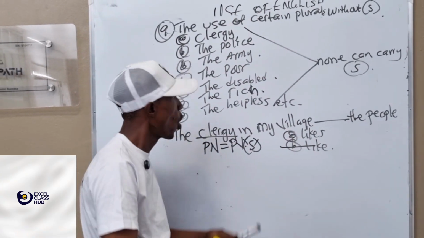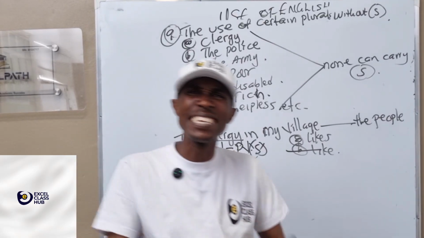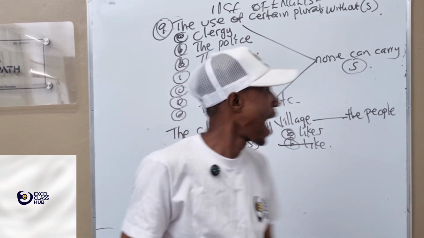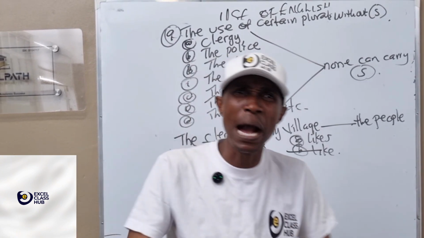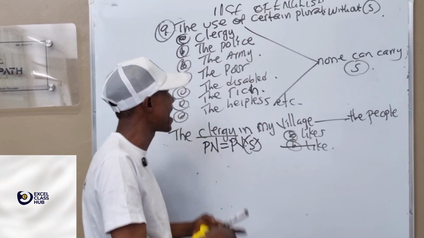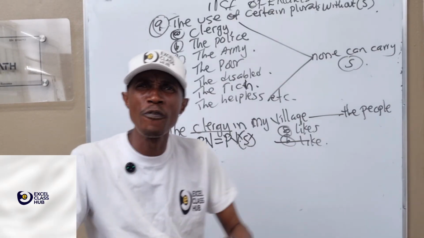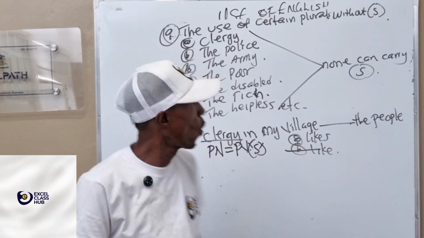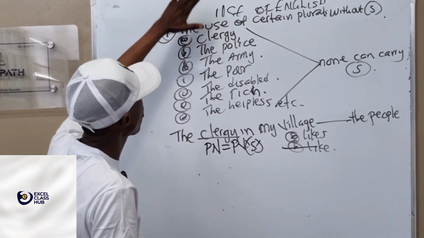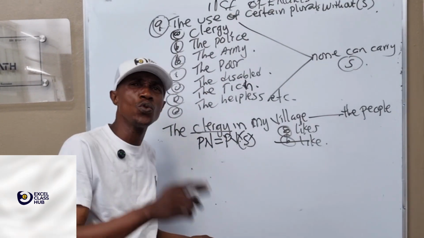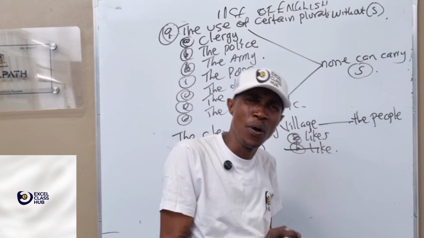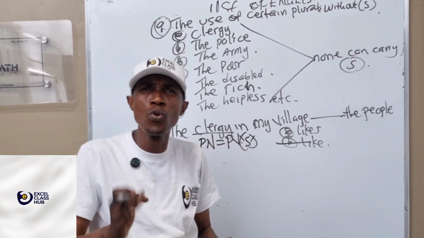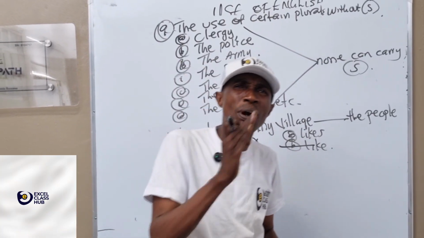The disabled connotes a group of disabled people. And the handicapped connotes a group of handicapped people. And finally, the helpless connotes a group of helpless people. So whenever you see any of these in questions, please note that they are regarded as plural nouns, which must go with a plural verb, and they must not carry S.